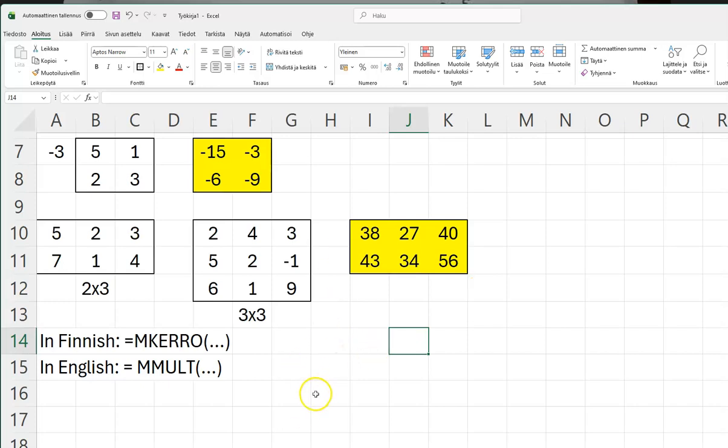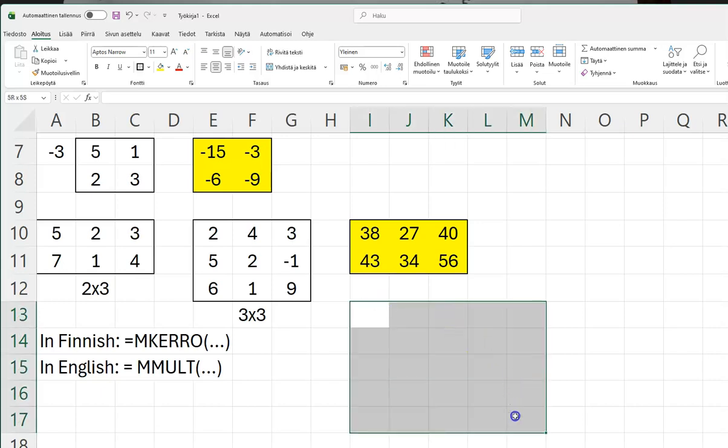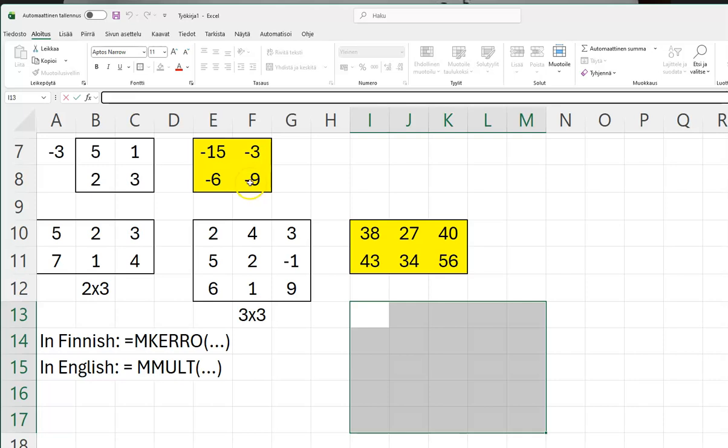But let's check if we try to multiply this in different order. I will check this, which I haven't checked in new Excel versions.